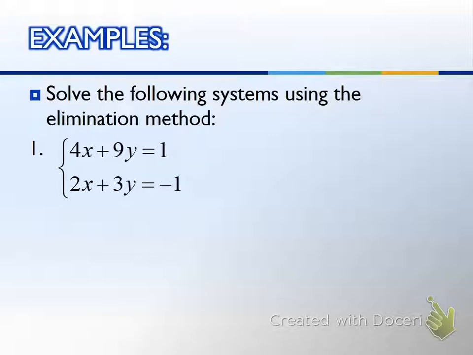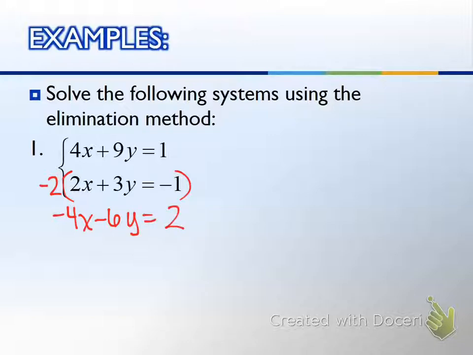We are going to multiply the bottom equation. I think we are finally ready to multiply our bottom equation by -2. When we multiply that equation by -2, what do we get? Good. Very good.